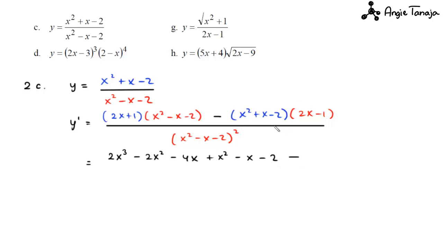Be careful for this. I suggest you put the bracket first. Be careful with the negative here, because the negative applies to all the terms here. So just put the bracket first to be safe.